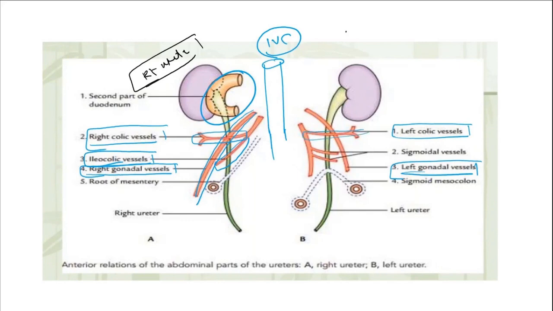This one, sigmoidal vessels too. Same thing, 3 vessels. Left ureter, when I say crossed by, it means it is running behind those vessels: left colic vessel, sigmoidal vessels, left gonadal vessel, that is testicular and ovarian vessel.